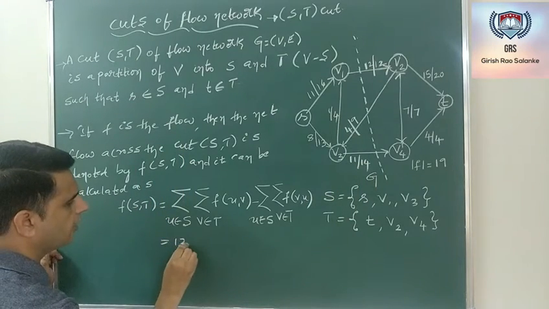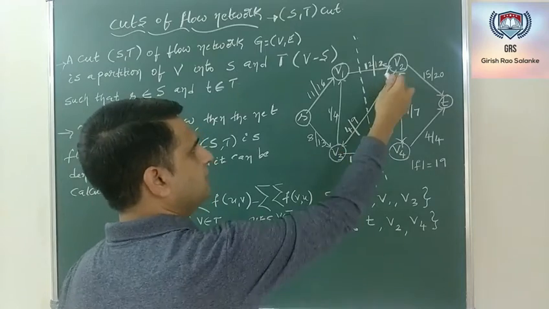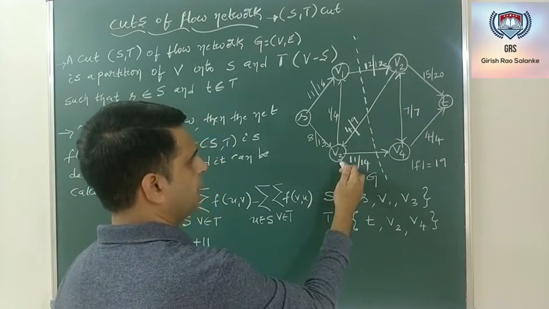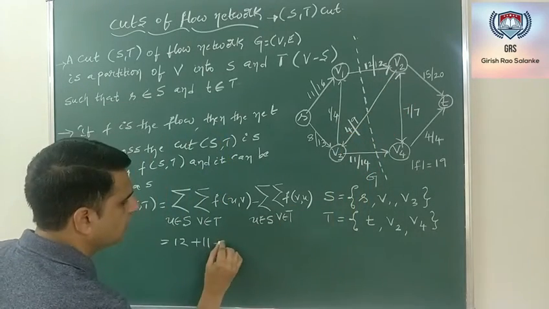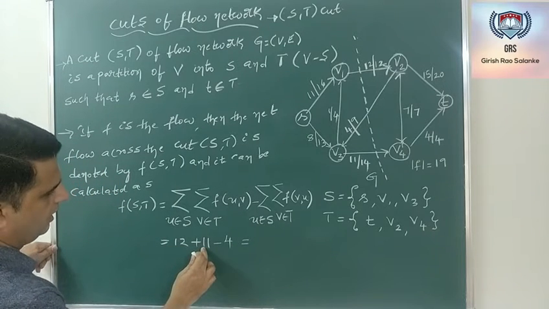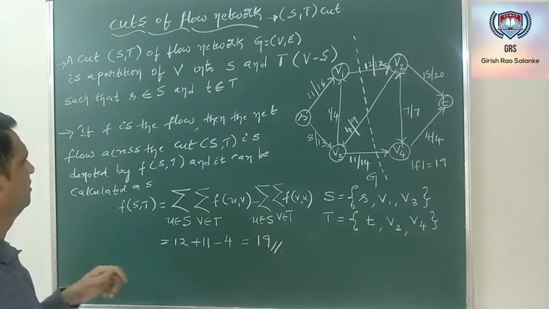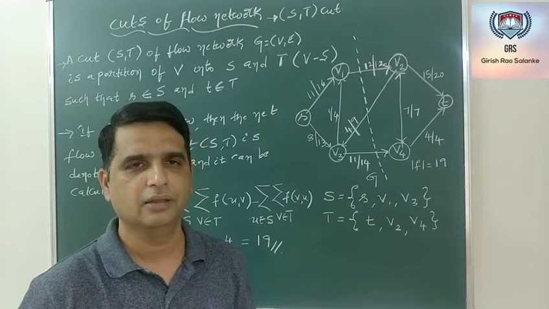And one more edge comes from a vertex in T to a vertex in S, that is from V2 to V3 with a flow of 4. This has to be subtracted. So this is 12 plus 11, which is 23, minus 4, which is 19. This is how we calculate the net flow on the cut.